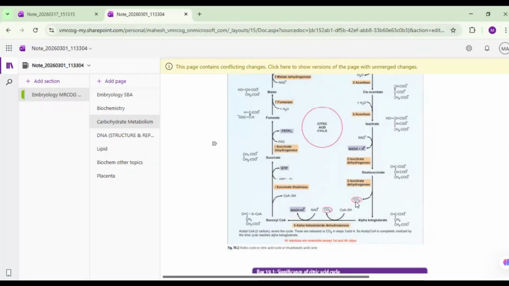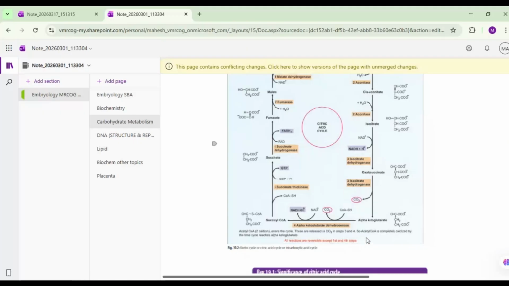Acetyl CoA, a 2 carbon compound, enters this cycle, and CO2 is released in step 3 and step 4.